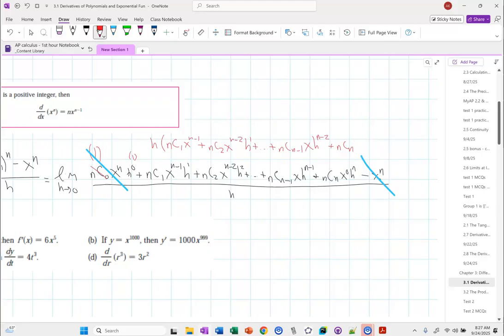I'm not going to bother with x to the 0, that's just 1, right? h to the n minus 1. I can just factor an h out of all that.